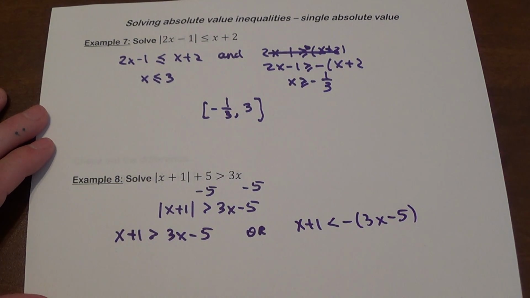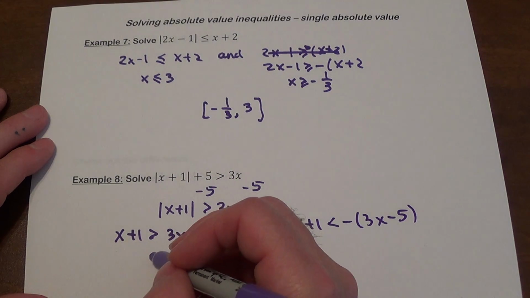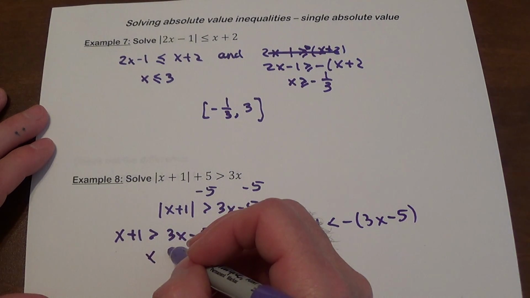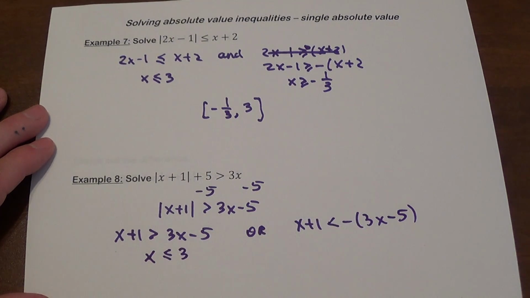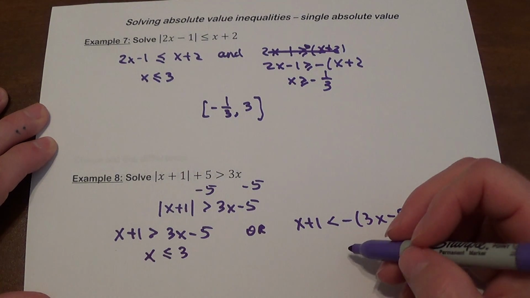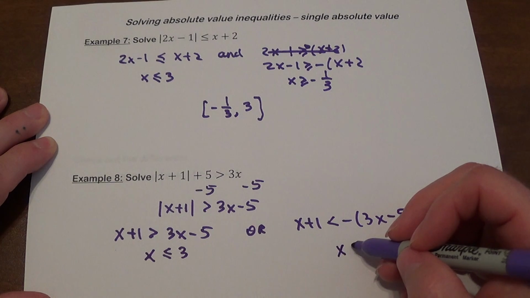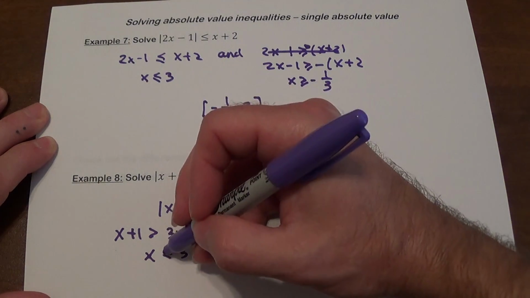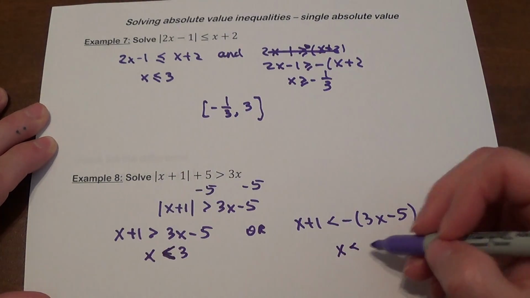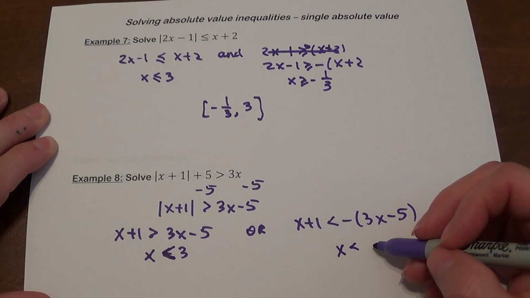Now we solve each inequality together. This inequality here is going to give you x is less than or equal to 3. In this inequality here, you are going to get that x is less than or equal, no, I'm sorry, that's just less than. This one is going to be less than or equal to 1.